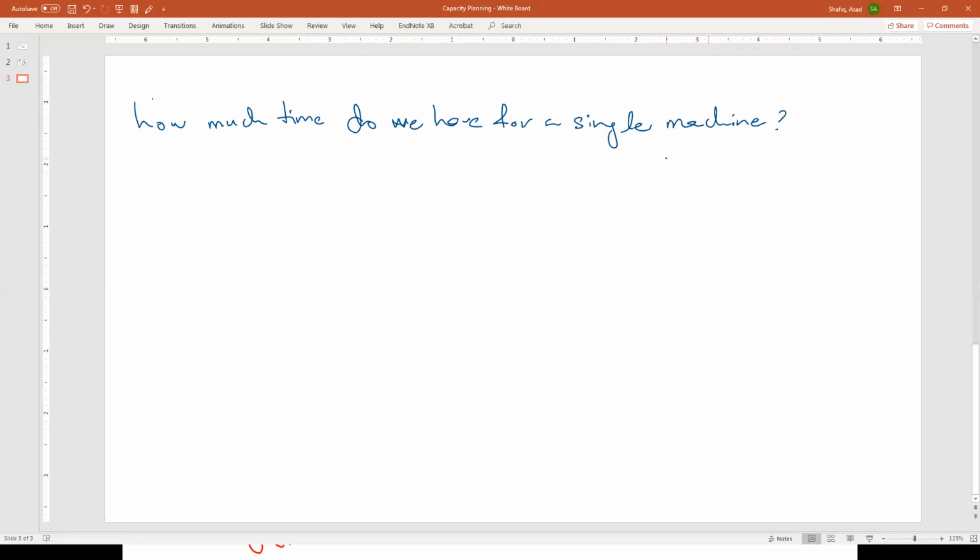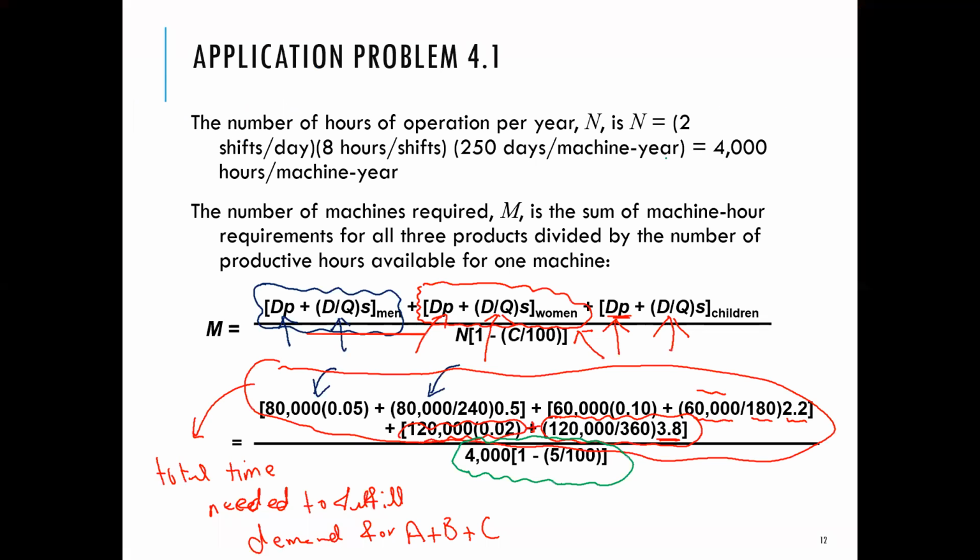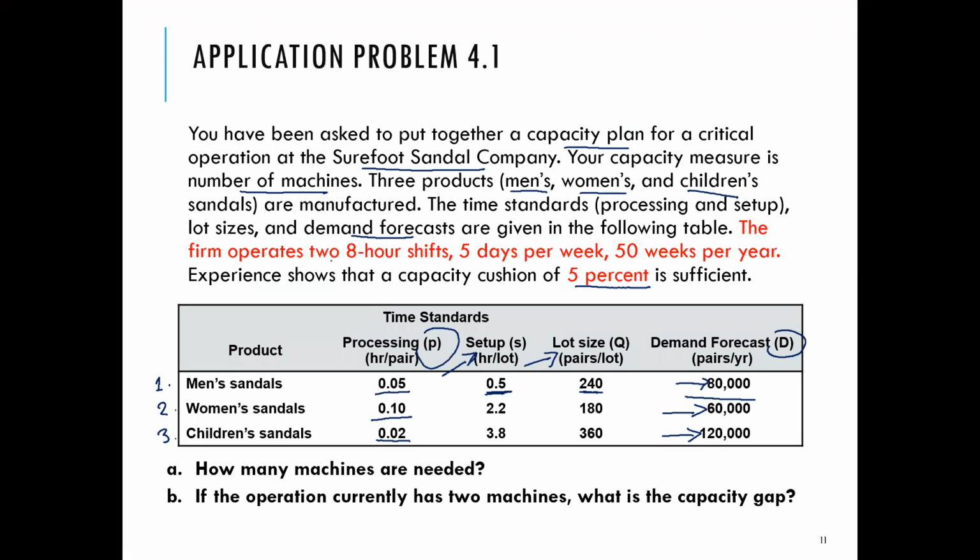Now, how do we do that? I'll just quickly flip back to our previous slide. Now, it says over here that the plant operates for 2 8-hour shifts, which means 2 times 8, 5 days a week, and 50 weeks per year.